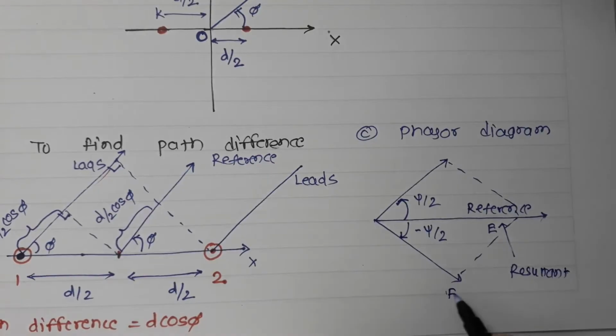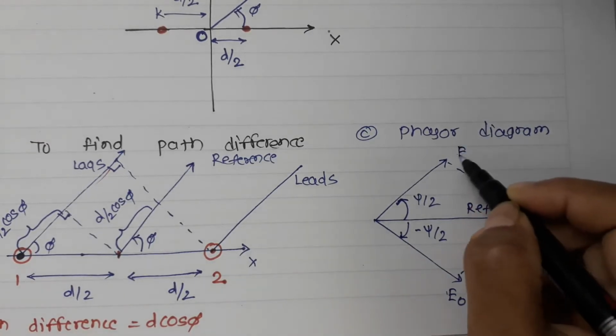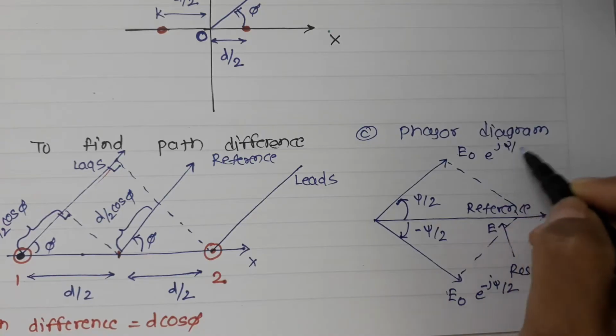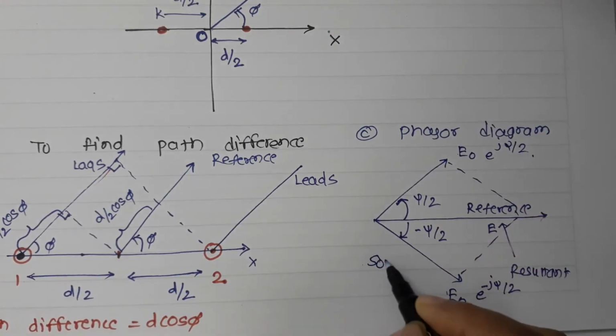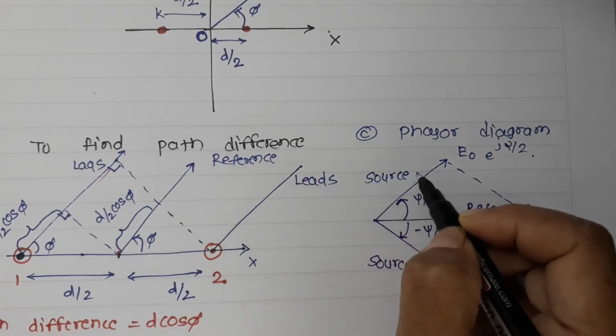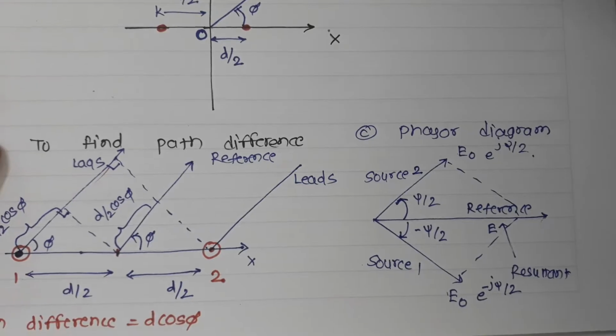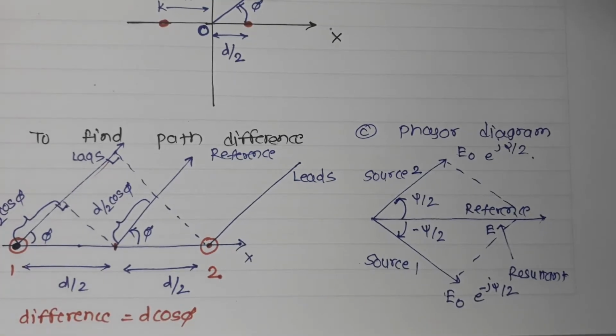This will be E0 e raised to minus j psi by 2, and this will be E0 e raised to j psi by 2. So this is my source 1 and this is source 2. This is the phasor diagram when we are going for the two element array.